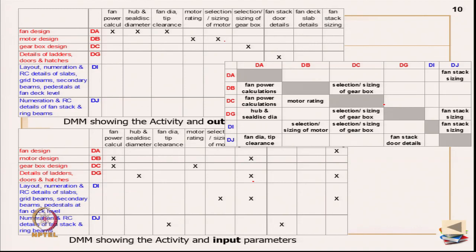Now, the details of ladders, doors and hatches releases information on fan stack door details, which is required for activity DJ, the numeration and RC details of fan stack and ring beams. Which is written here, and accordingly the entire matrix is filled. So, this is how the activity DSM is filled.